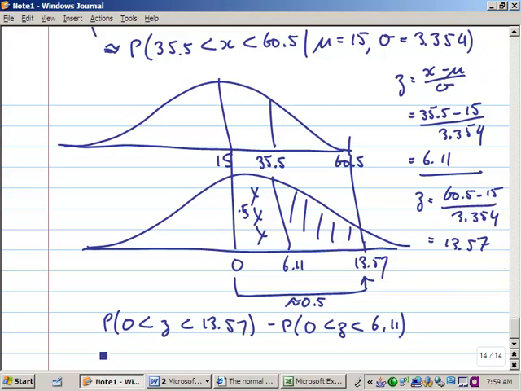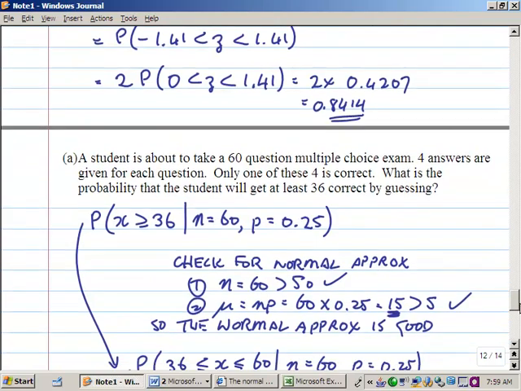If you don't understand the answer yet, this is approximately a half minus approximately a half, so the probability is approximately 0. Okay, probability of getting 36 out of 60 correct, yeah, get a D, it's not going to happen. Okay, so don't think about it on your regular exam.